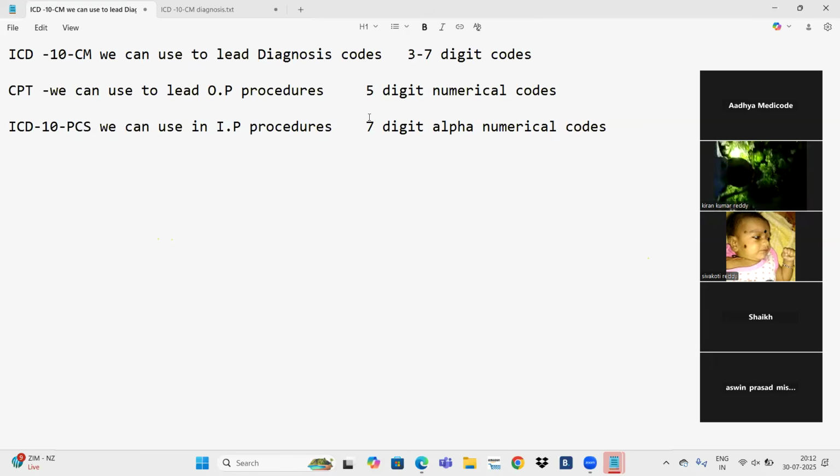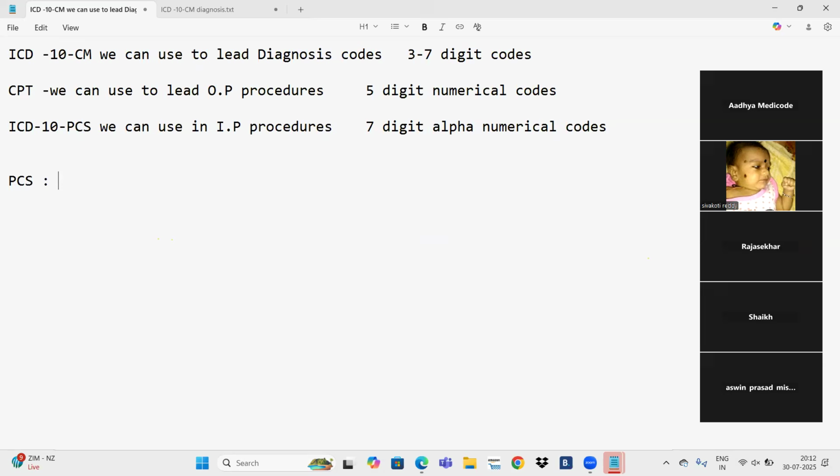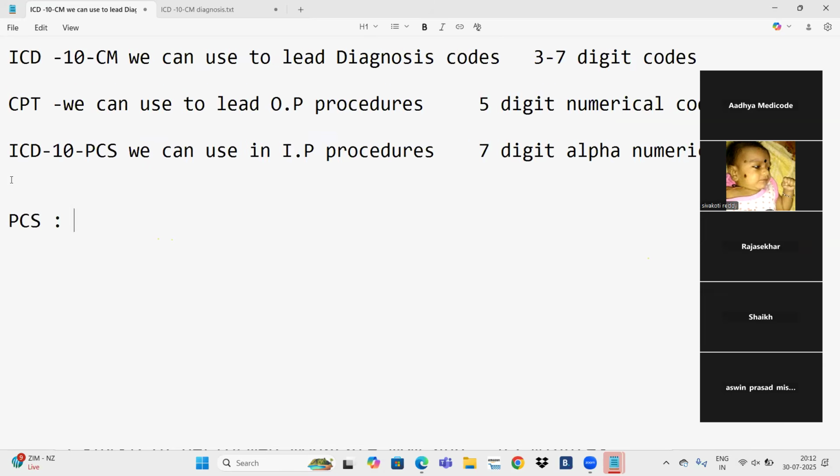Okay, now we can start how to use the PCS book and guidelines first. So we can start with PCS. What is the code structure of PCS? 7-digit alphanumeric. PCS means Procedural Coding System. These are the 7-digit alphanumerical codes.